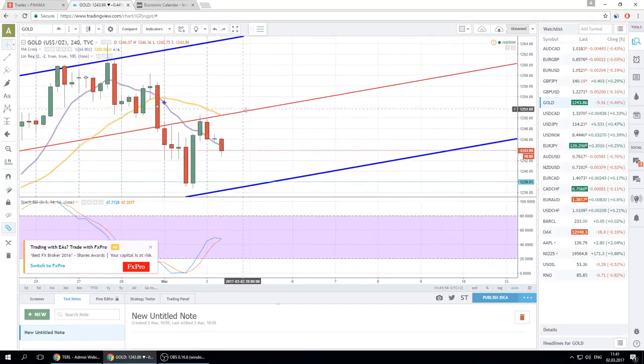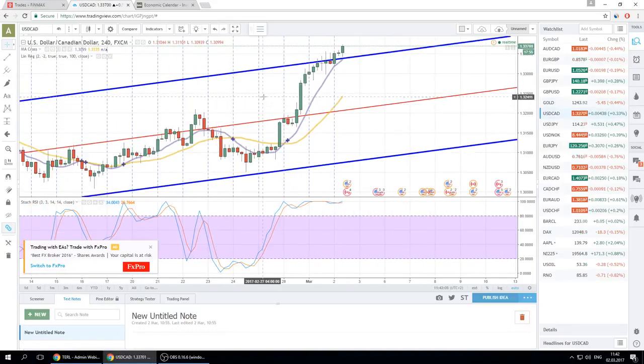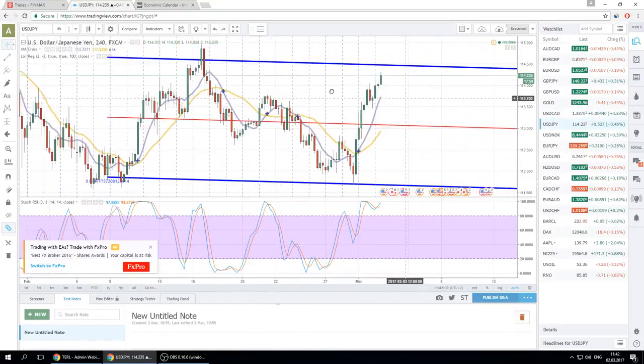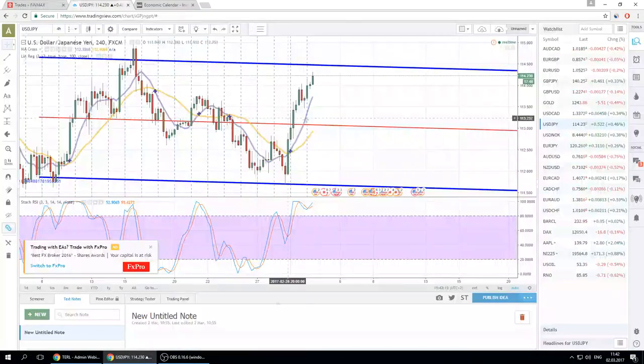So within the ranges of 4 hours, we see that the gold is going down. But as we trade on the shorter terms, we may expect it to bring us profit in that trade that will expire in 7 minutes.